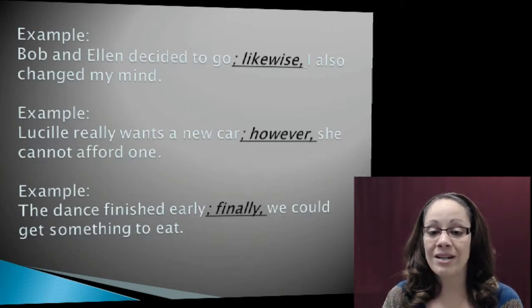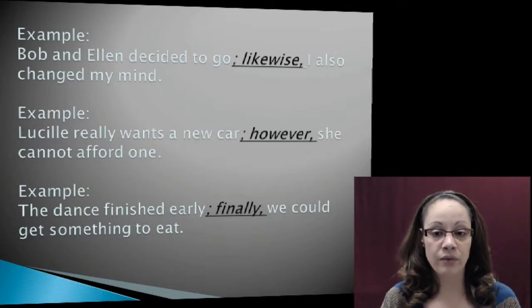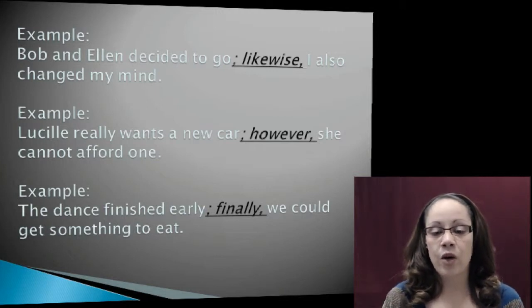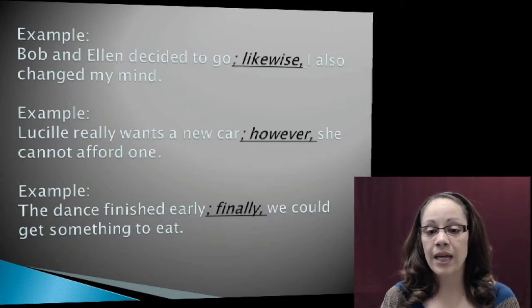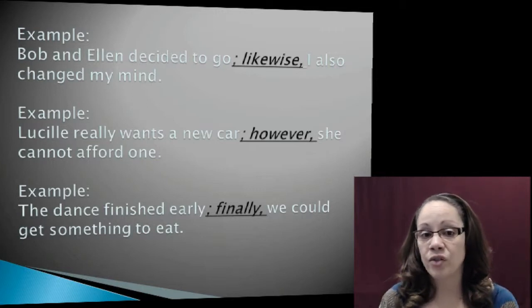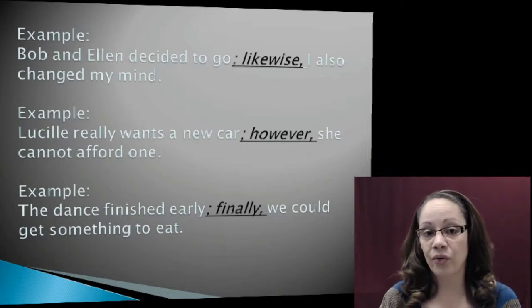And remember, the word not, N-O-T, or n't is not a part of our verb, so we don't even look at that word. So we have can't afford as our verb, and she is our subject. Now we have our transitional phrase, however, that's combining our two independent clauses. So I must have a semicolon before the word however and a comma after it to combine these two and have it complete and also correct.